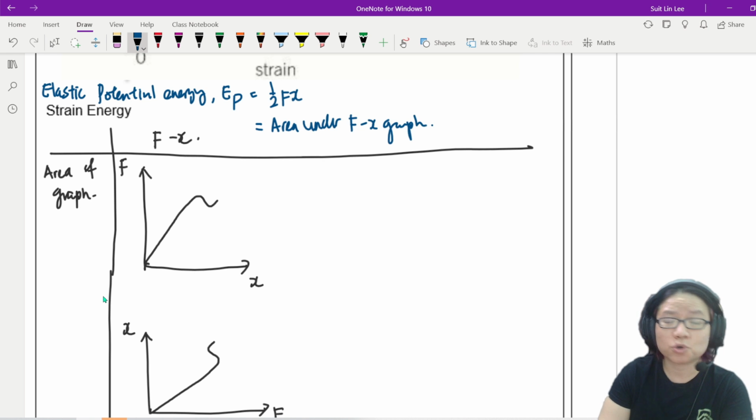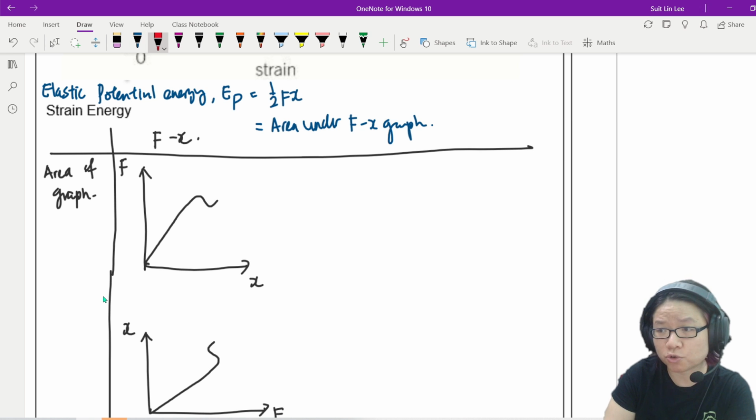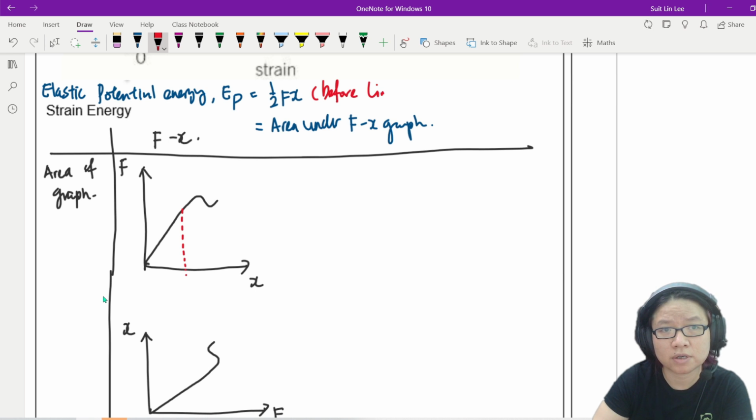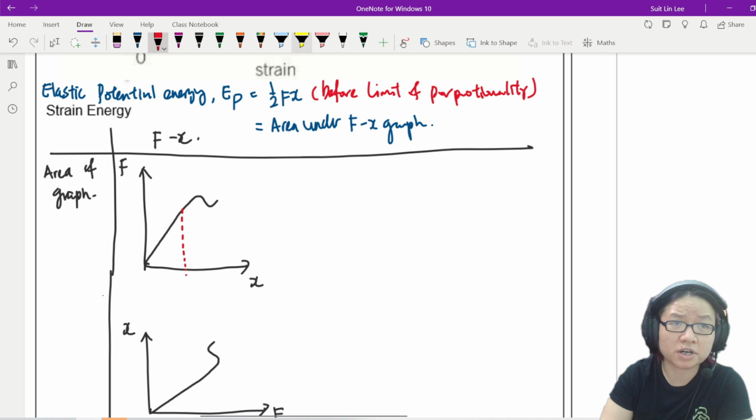Okay, so when we say under, if you want to use half Fx, it has to be before the limit of proportionality. Because after that, you can see it's like a curvy thing. So it is still the area under the graph, but it's no longer half Fx.